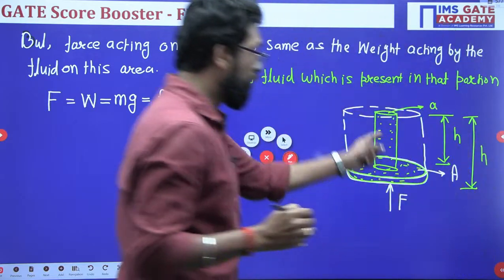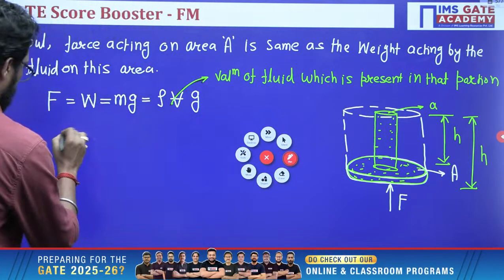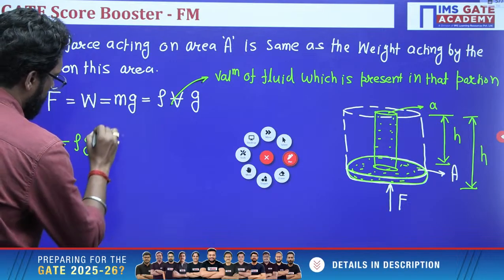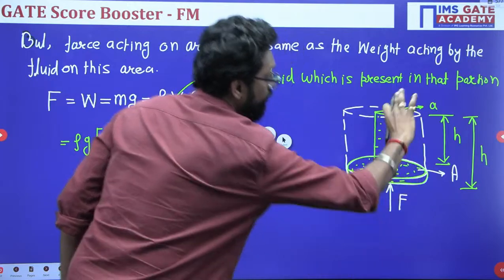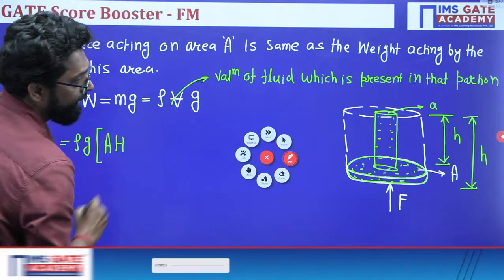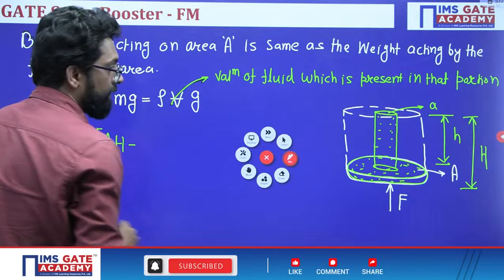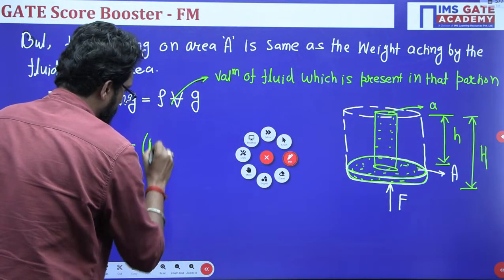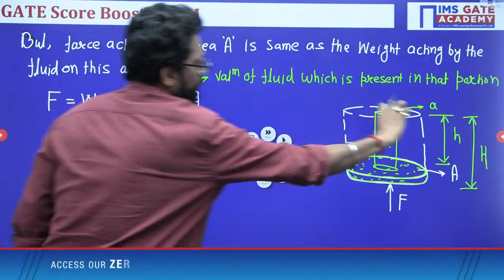So what is the volume of fluid present? That means rho g you have to take outside. Total volume is what, beta? Area into height, area into capital height H. This is capital H. Minus capital area minus small area into this height small h.